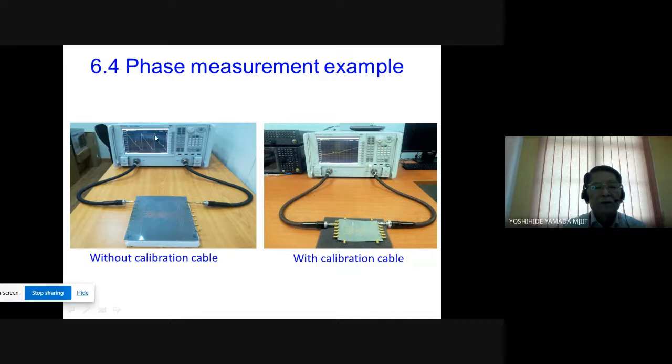This sawtooth phase appears. However, in this case, it is successful. The calibration, in case the calibration cable is attached, then the measured data becomes like this one. Good phase measurement can be achieved.